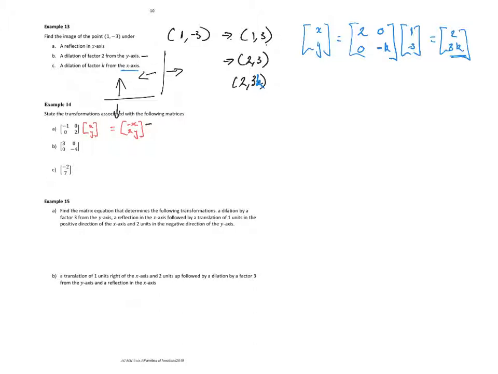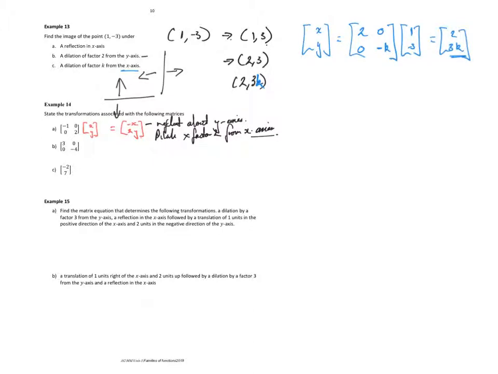Minus x means my x value is made negative, so that's a reflection, and it's about the y-axis. 2y, the y component gets multiplied by a factor of 2, so it's a dilation by factor 2 from the x-axis.